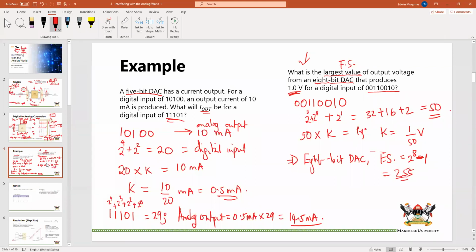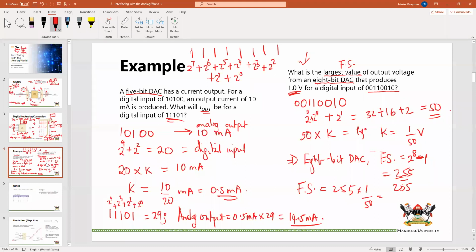Because it's basically 1, 2, 3, 4, 5, 6, 7, 8. So 2 to power 7 plus 2 to power 6 plus 2 to power 5 plus 2 to power 4 plus 2 to power 3 plus 2 to power 2 plus 2 to power 1 plus 2 to power 0. I think it will give you 255. And so our full scale is 255 times K, which is 1 over 50, which is 255 over 50 volts.